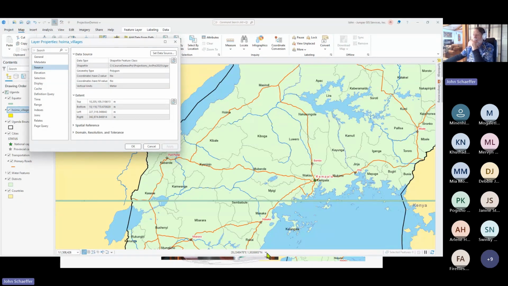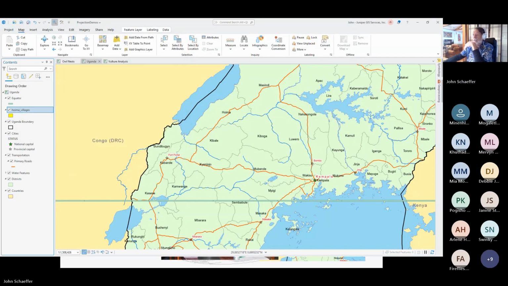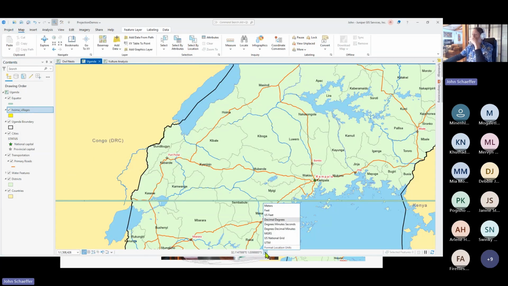Let's try something. I'll cancel this out, and we'll go into meters. Now that I'm in meters, I'm going to measure. I'm going to get to the lowest point of the Hoima district, and it's 114,000 versus 10 million something.